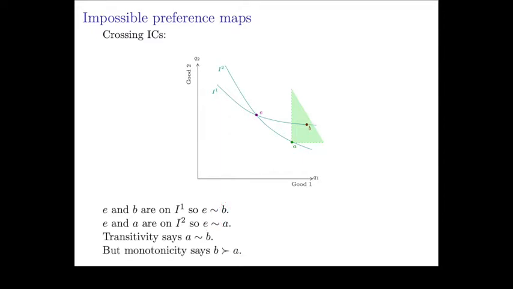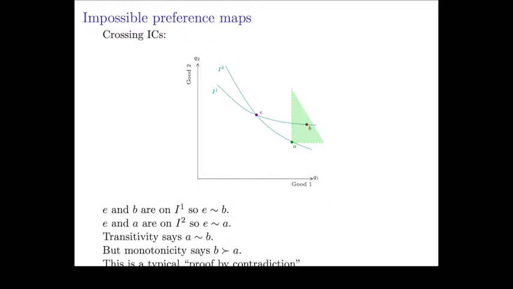Nonetheless, monotonicity says that since B has more of both of the goods than A, B has to be better than A. So we've reached a contradiction here. These two can't both be true. It can't be that B is better than A and the consumer is indifferent between them. It's one or the other.